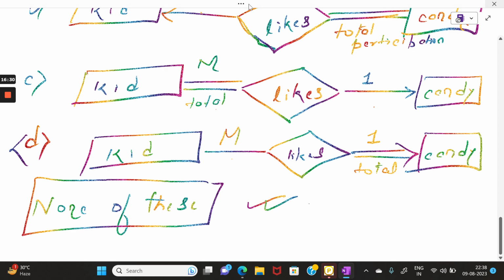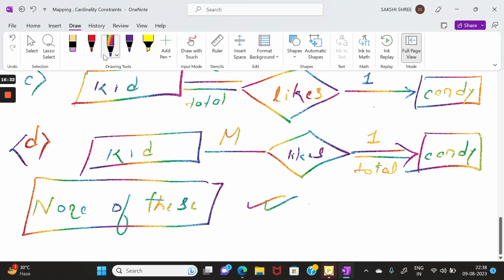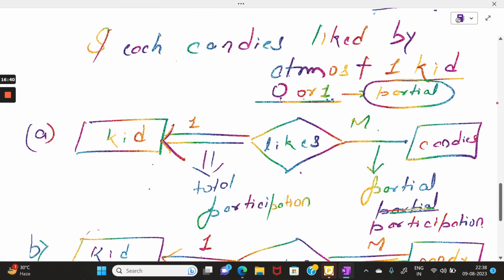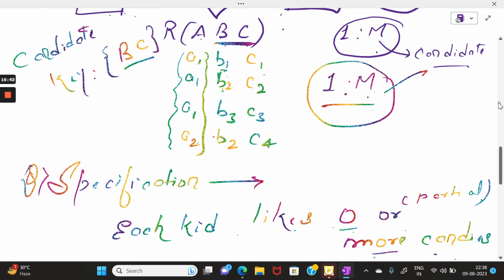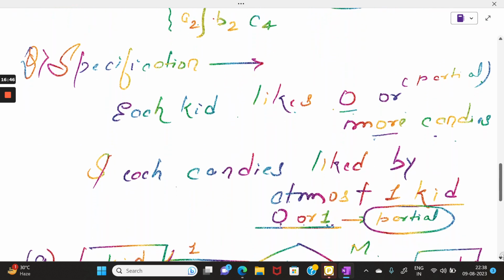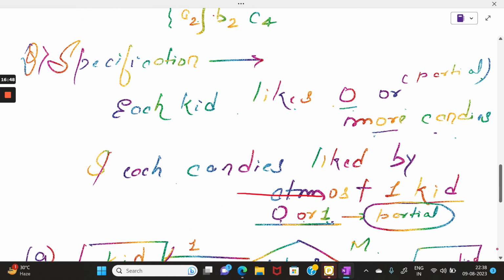Right, now let's change the question a little bit. Let's modify the question as: each candy is liked by, instead of at most one, exactly one kid.